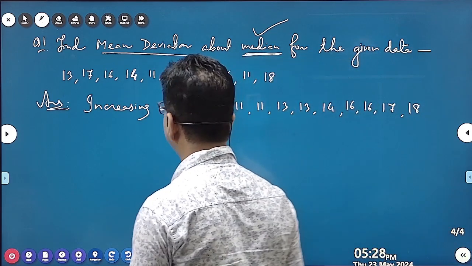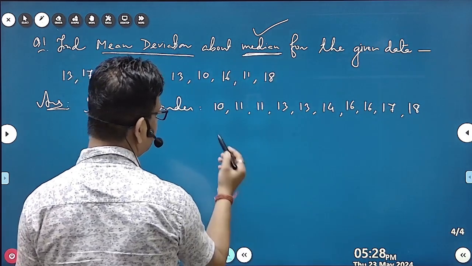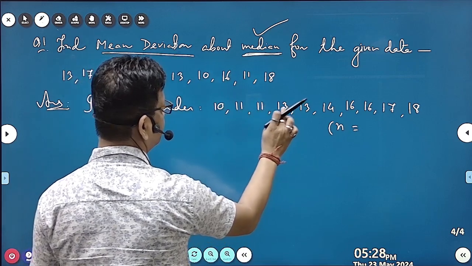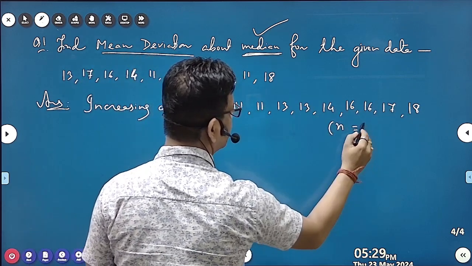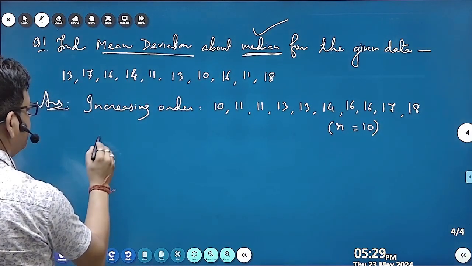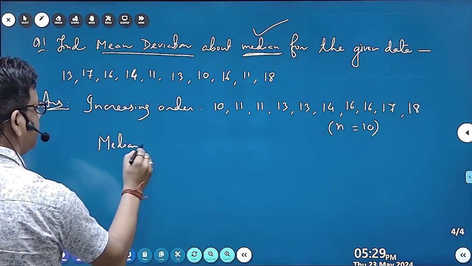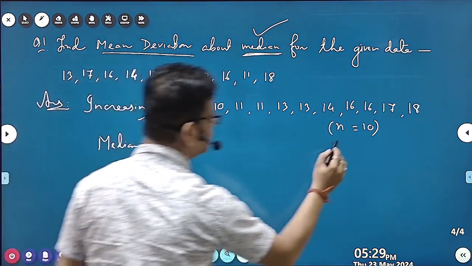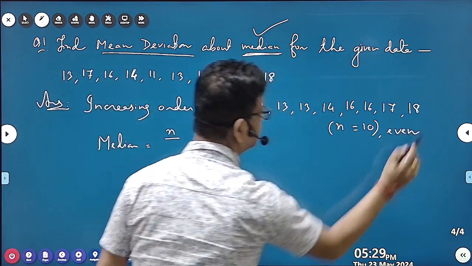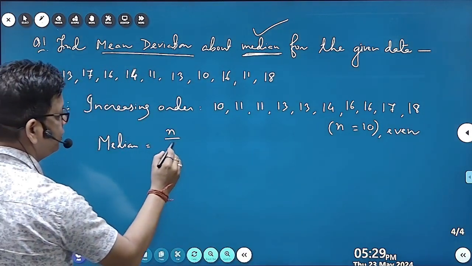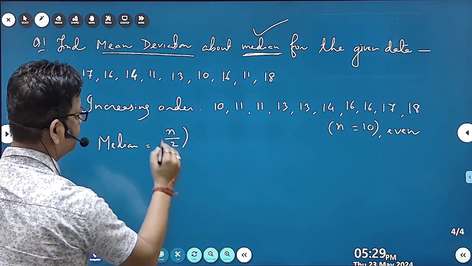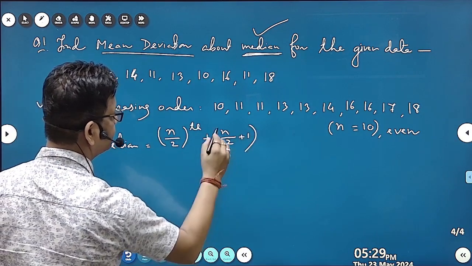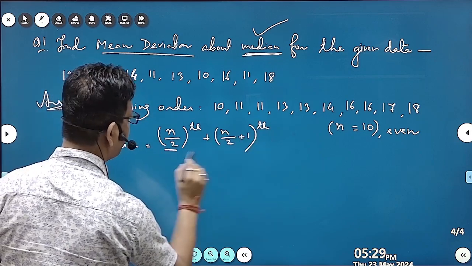Now the median for ungrouped data. We count how many observations there are: 1, 2, 3, 4, 5, 6, 7, 8, 9, 10. Since it is 10, n is even. The formula for even n is the n by 2 th observation plus the n by 2 plus 1 th observation, divided by 2.